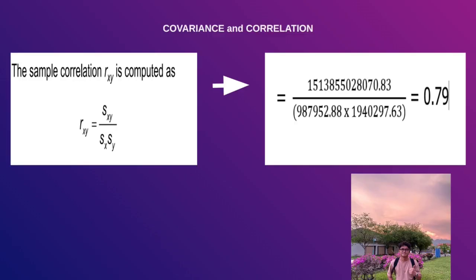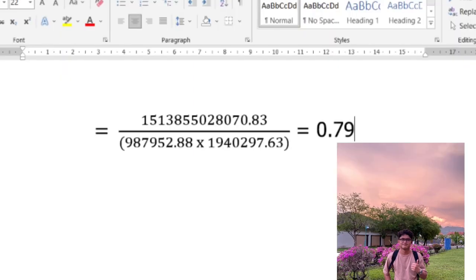So we move to correlation. So this is the formula for correlation. We need to find the covariance of x and y, domestic and international, divided by the standard deviation of domestic, and then multiply by the standard deviation of y. So that's the formula for sample correlation. So from the covariance we can get the answer, and then we need to divide by the standard deviation, 987,952.88, and by the standard deviation from international, so we can get the answer 0.79.